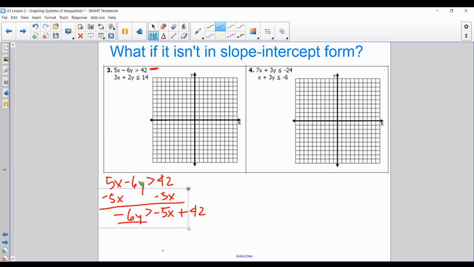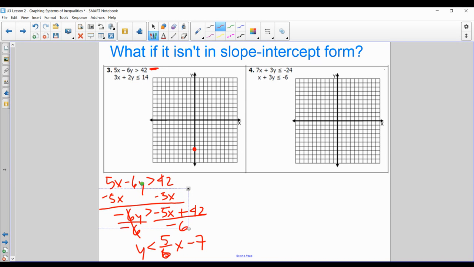I'm going to divide by negative 6. And I have to remember, when I divide by a negative is the time when I have to flip the symbol. So negative 5 divided by negative 6 is just positive 5/6. And 42 divided by negative 6 is negative 7. So I start this at negative 7.